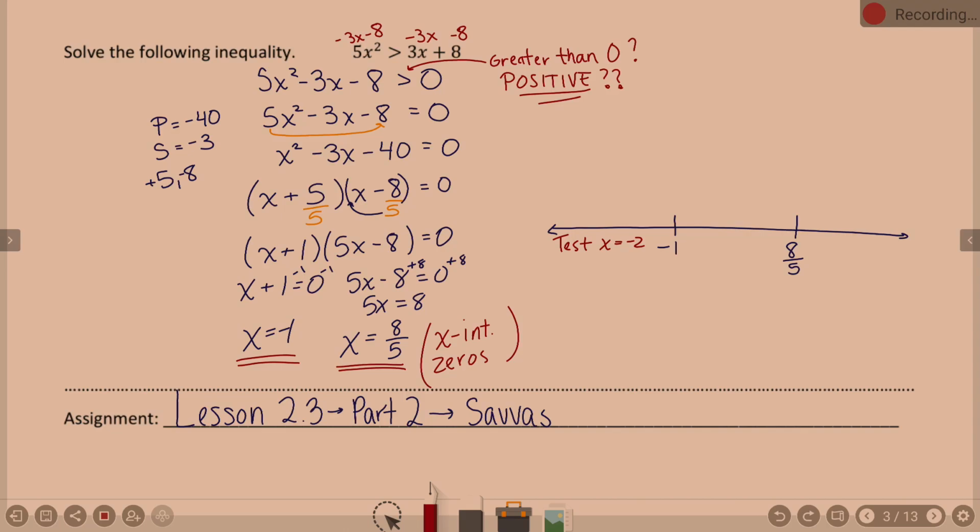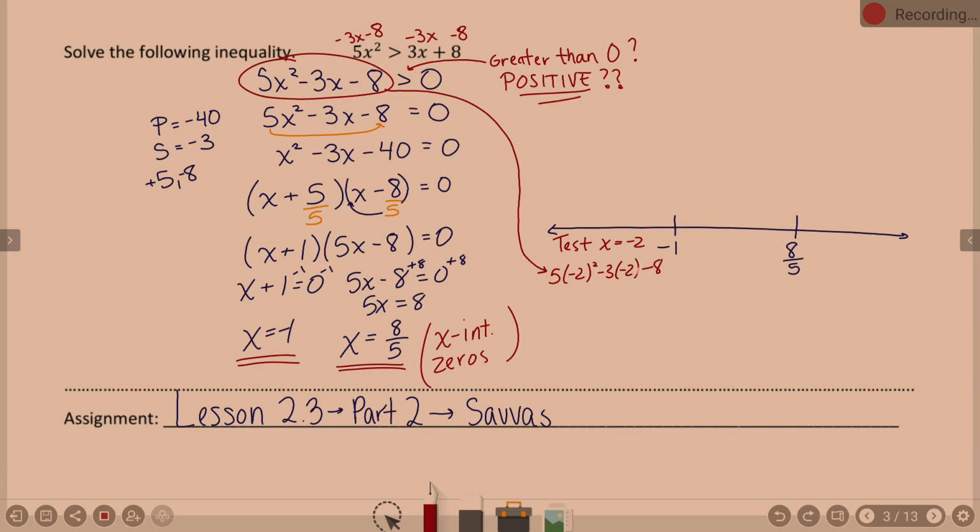We're going to use the one where it's all on one side, the 5x squared minus 3x minus 8. So 5 times negative 2 squared minus 3 times negative 2 minus 8.